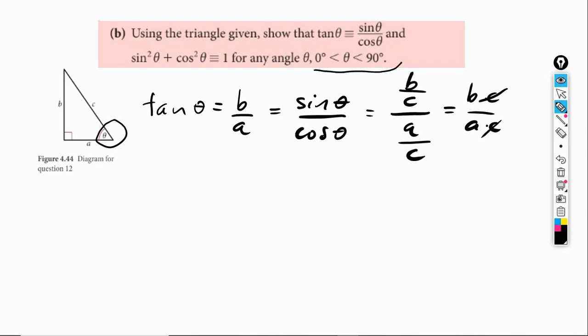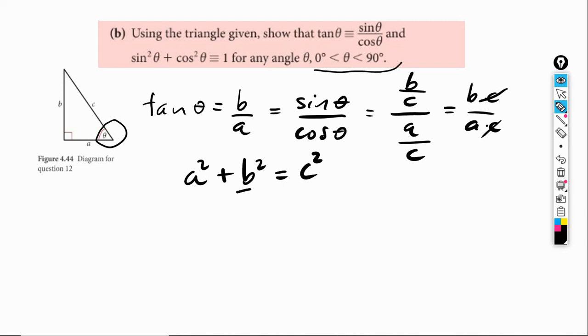Now we need to prove that sine squared of theta plus cosine squared of theta equals 1. So what we can use there is the Pythagorean theorem, because we know that A squared plus B squared is equal to C squared. But sine is equal to B over C, right?